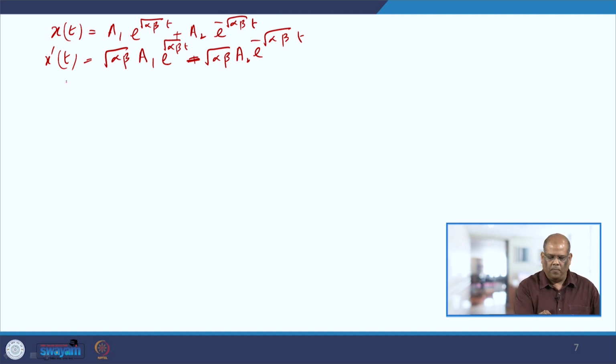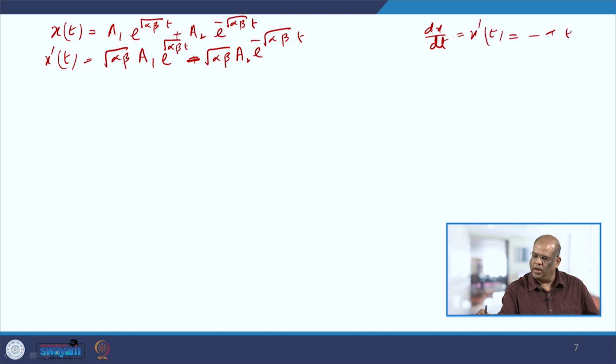So, now you have the equations dx/dt, which is x dash t, equal to minus y(t), and dy/dt, which is y dash t, equal to minus beta x(t).